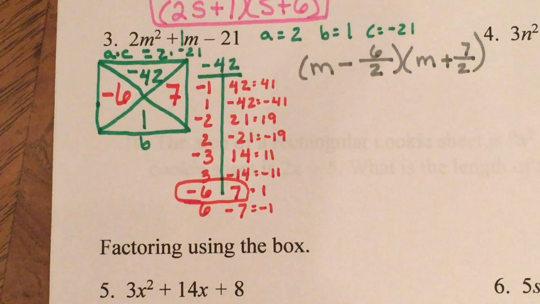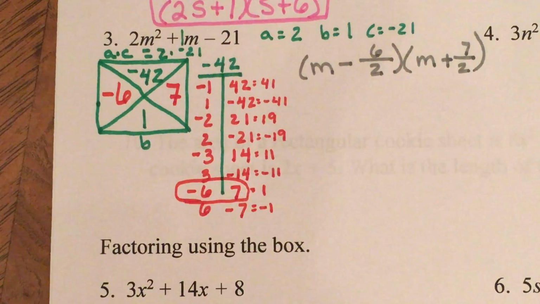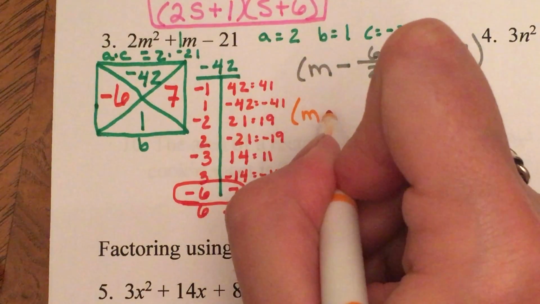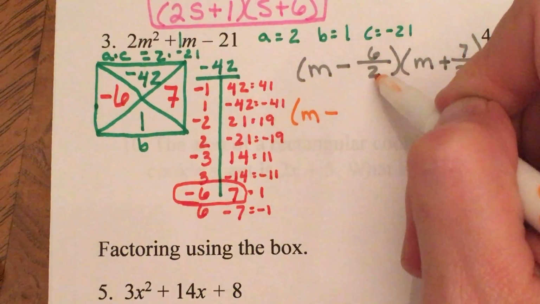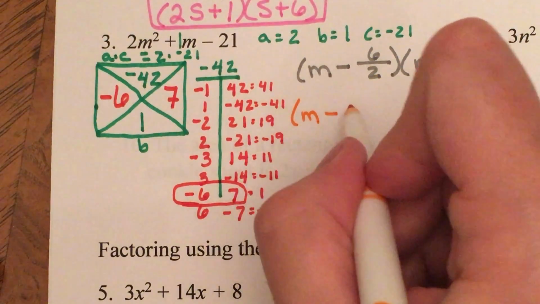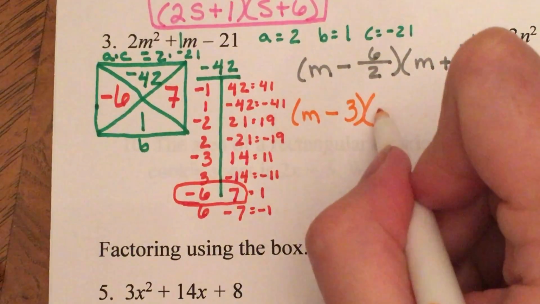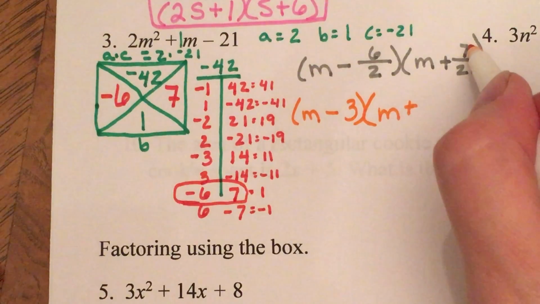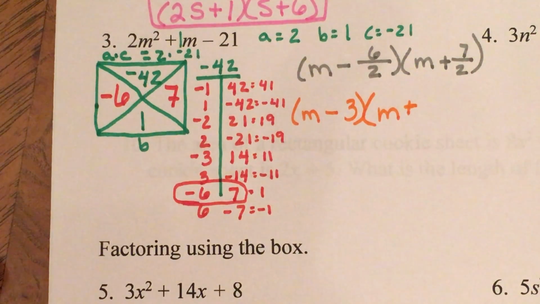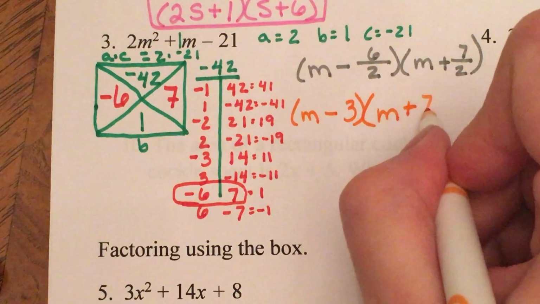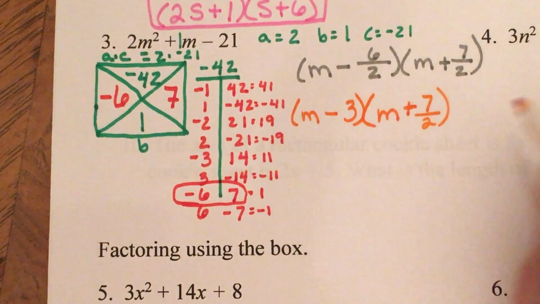Okay, so let's reduce if we can. m minus, is 6 divided by 2 reducible? It sure is, it's 3. m plus, is 7 divided by 2 reducible? Does it divide clean and even? No. 7 over 2.